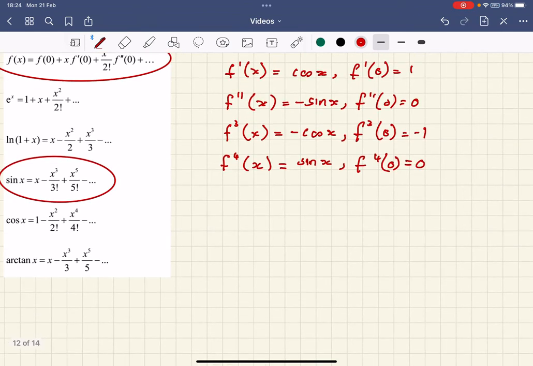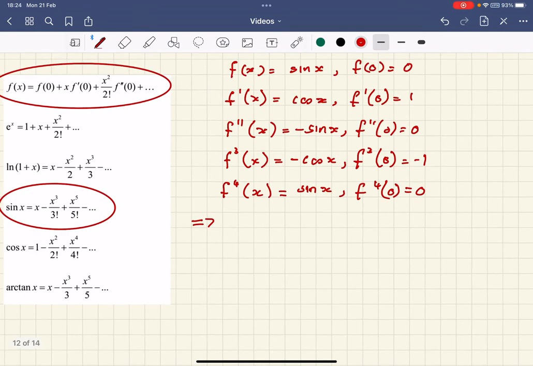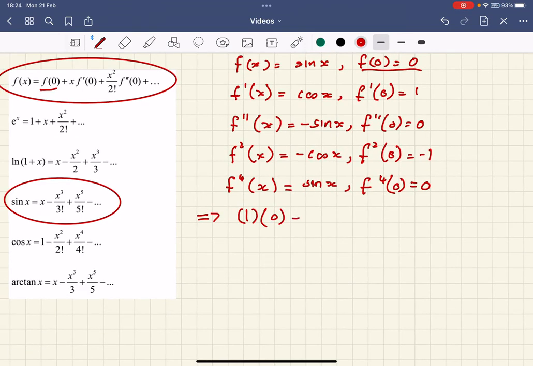Now I'm going to put in each part here just to explain it in depth. When we make the expansion, we do 1 times f(0). That's what that means here, f(0), and we times it by 1. So we've got 1, and f(0) is up here, which is 0. Then we have x times f'(0), which is there, which is 1.